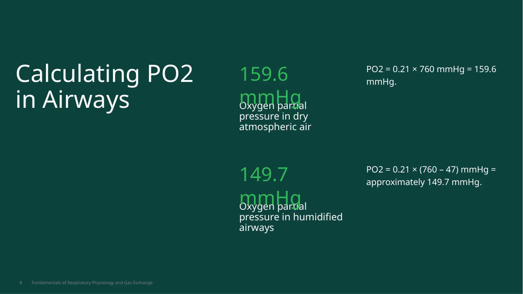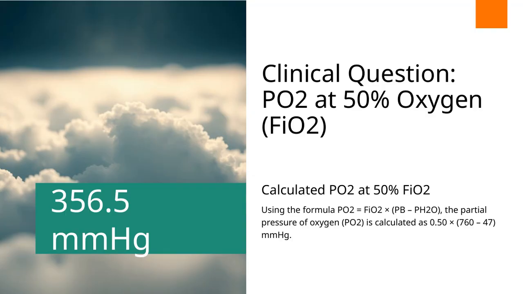Understanding these calculations is key to grasping how oxygen moves from the environment into our bloodstream, especially considering the various factors that influence gas exchange in the lungs. Now let's look at how we calculate the partial pressure of oxygen, or PO2, using this simple formula.